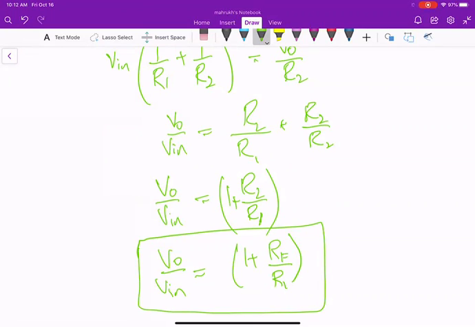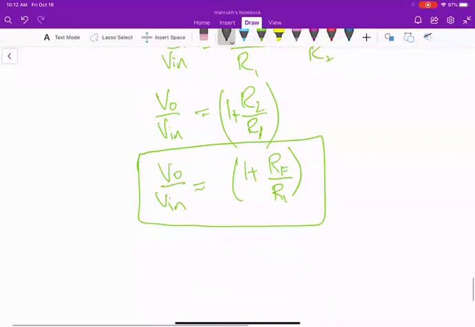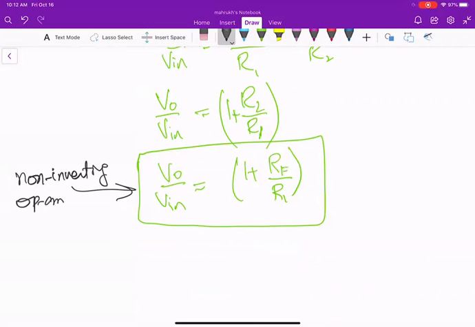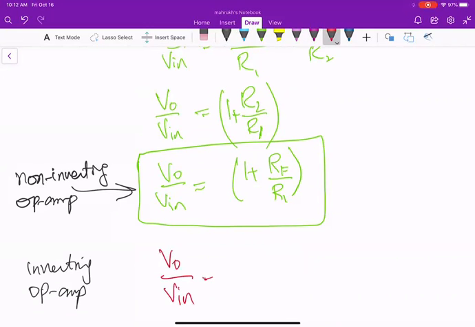Another thing you can note here is that this is the non-inverting op amp. For the inverting op amp, you got V naught over V in equal to minus R2 by R1, where R2 was the feedback resistance.